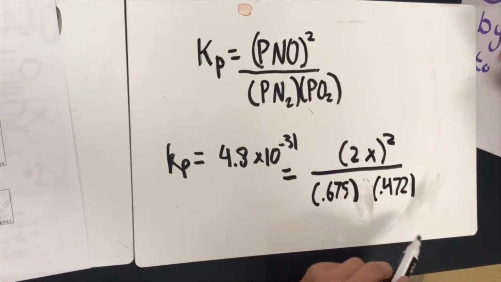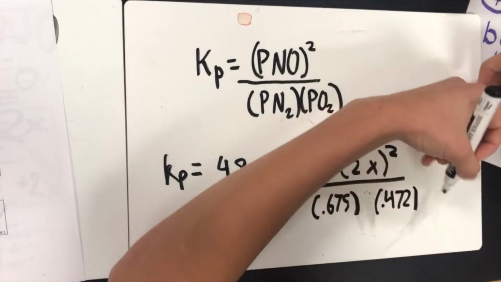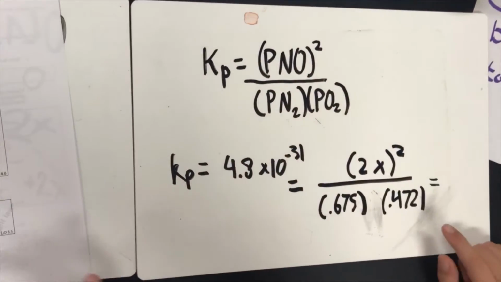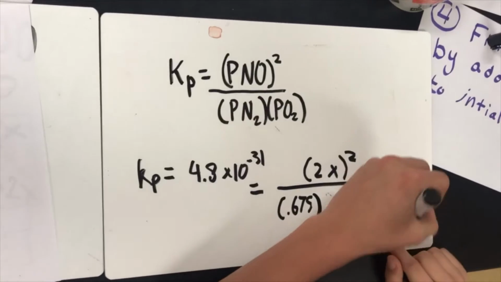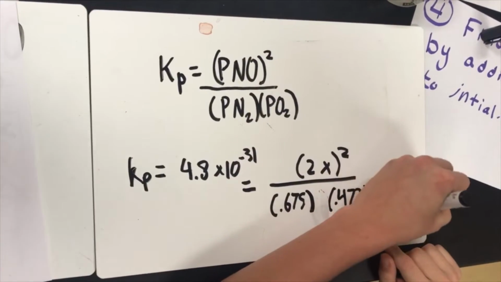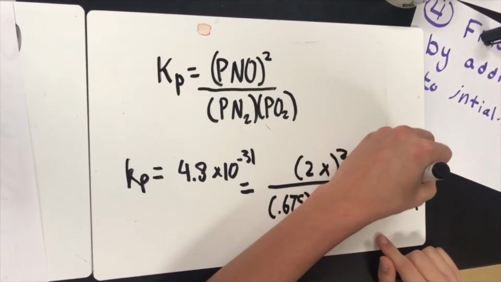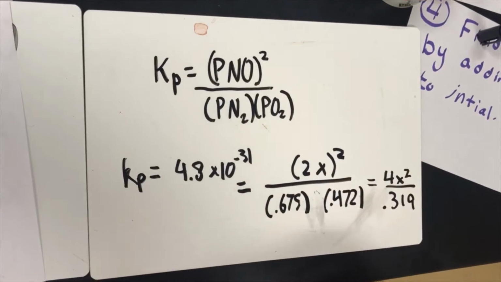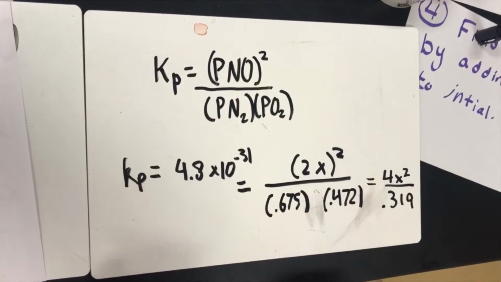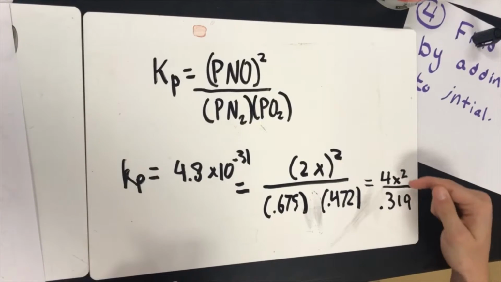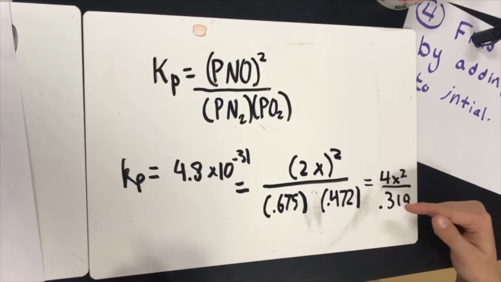Alright, so we're going to finish simplifying this. We have these two values, and that simplifies to 0.319 over 4x squared. So now all we have to do is use this. There's a single x, so we just solve for x.